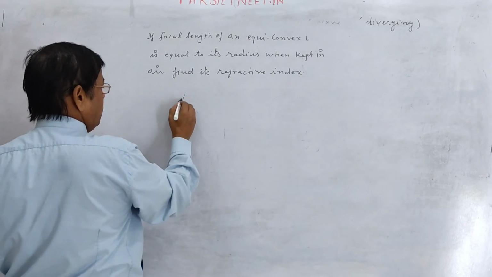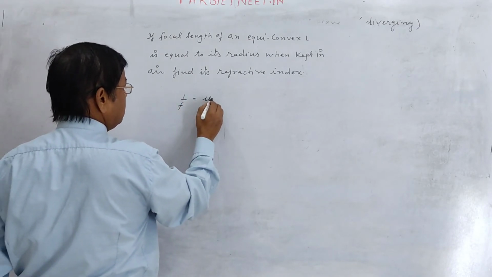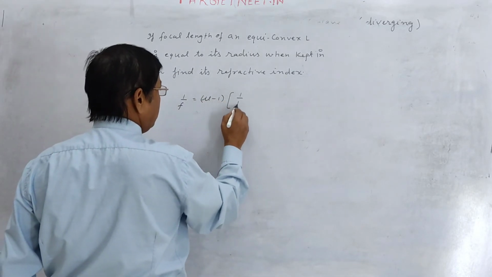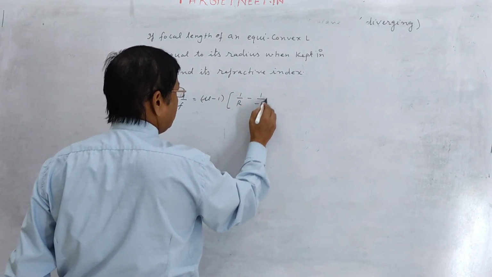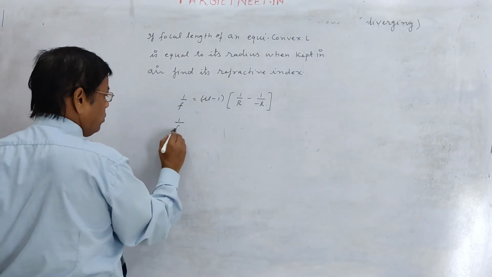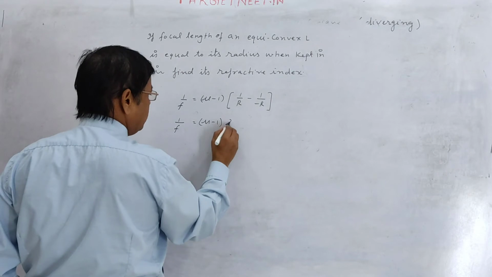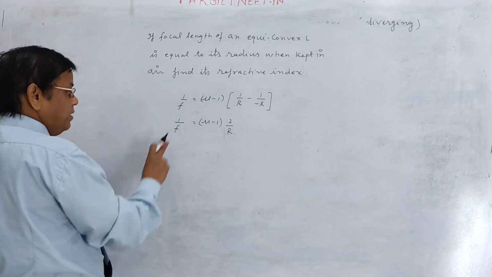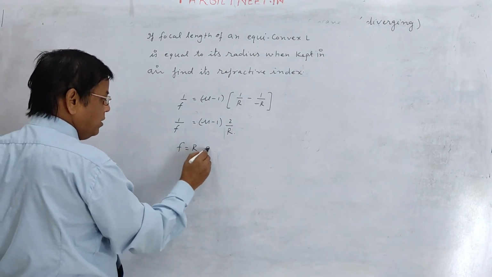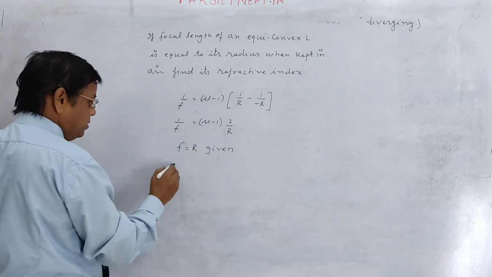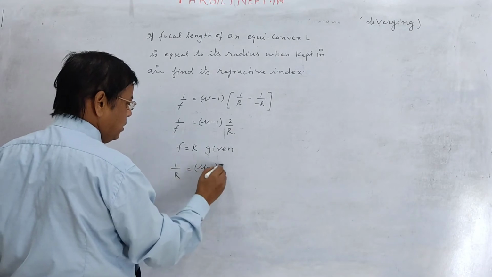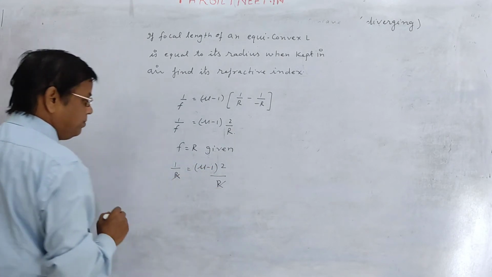So 1 upon f is mu minus 1 because it is kept in air, so I can write like this: 1 upon R minus 1 upon minus R, because in a convex lens the first radius is positive, the second radius is negative. So it is 1 upon f equals mu minus 1 into 2 upon R. Now it is given that the focal length is also equal to the radius, so f is equal to R. If I put it, 1 by R is equal to mu minus 1 into 2 by R, cancel.